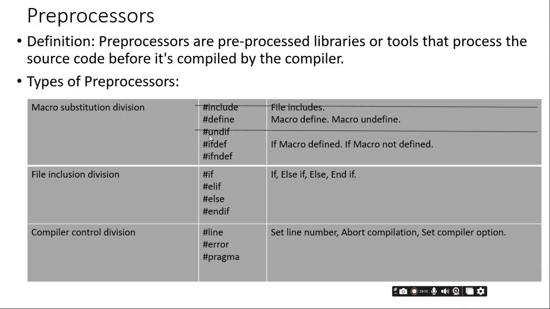Macros start with hash: #define, #ifdef, #ifndef, all are attached letters, not separated with spaces. Within all these, #include stands for file inclusion, that is the second type.